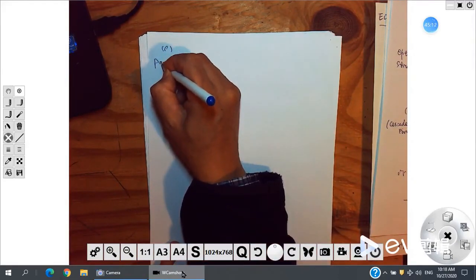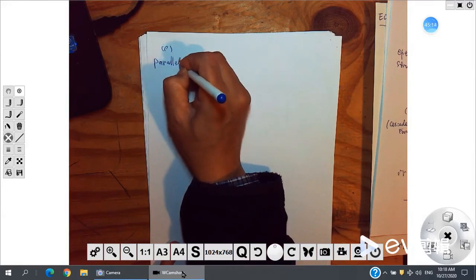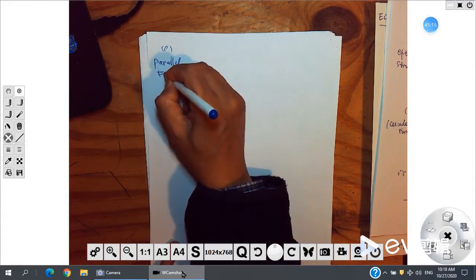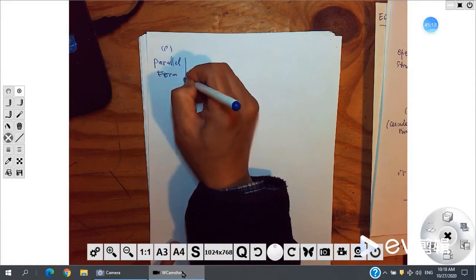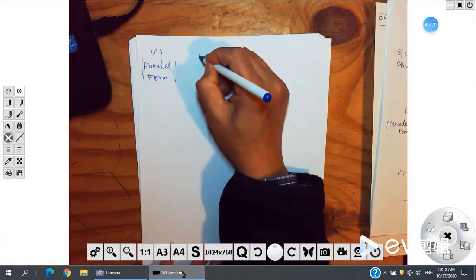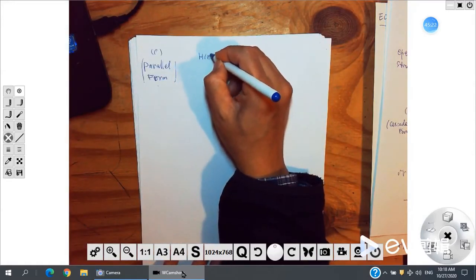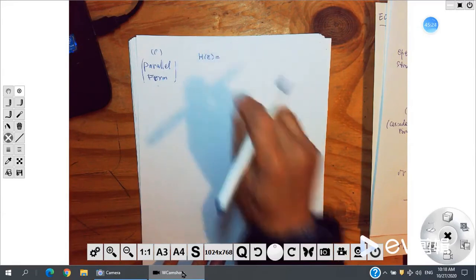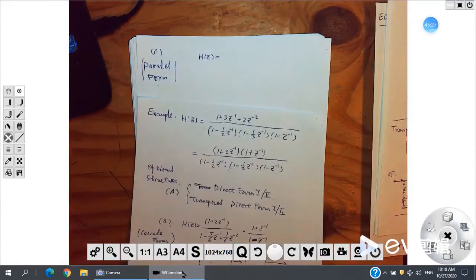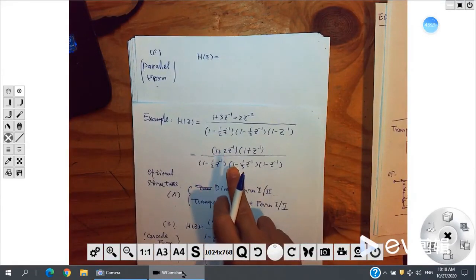Parallel form. Parallel forms. This H of z, I can write it as, okay, you see this one, right? This is H of z. I do partial fraction of it.